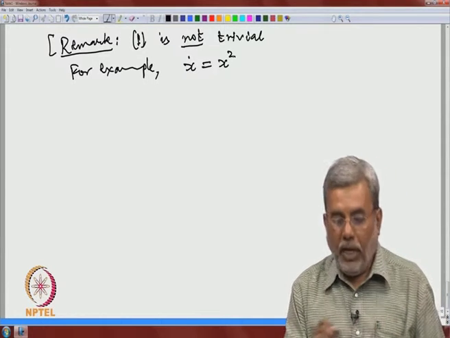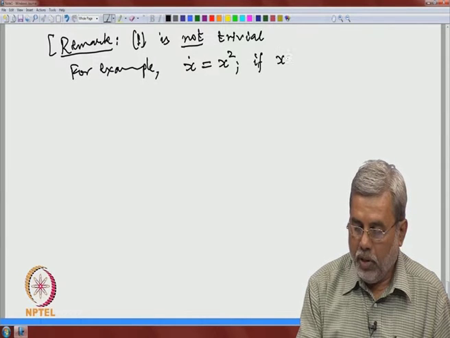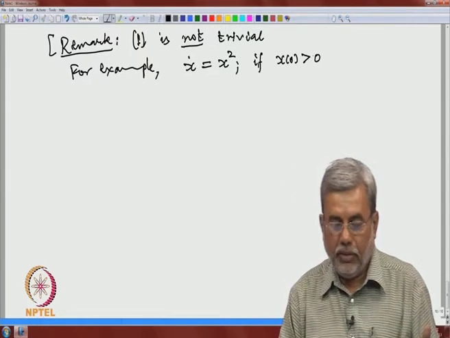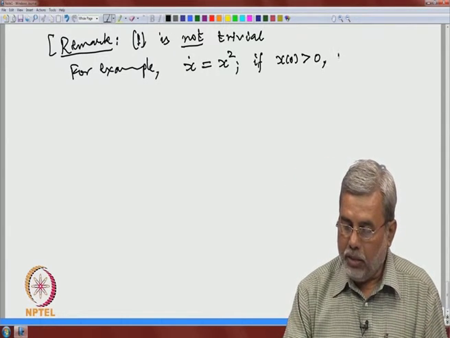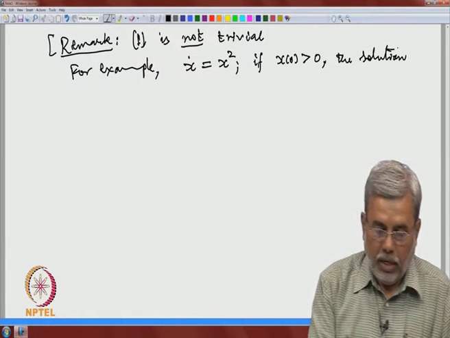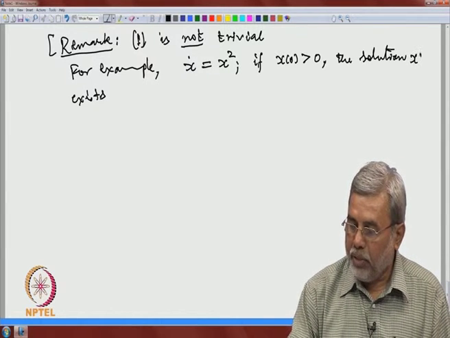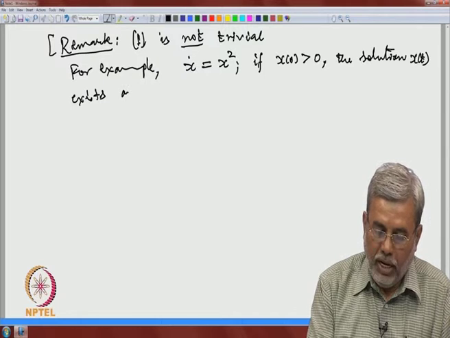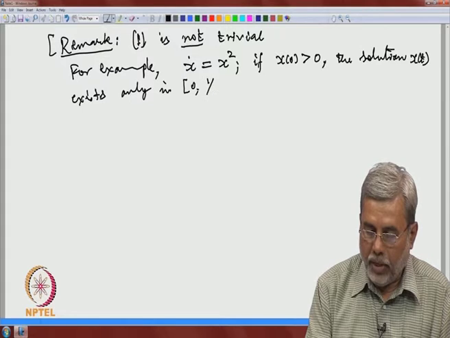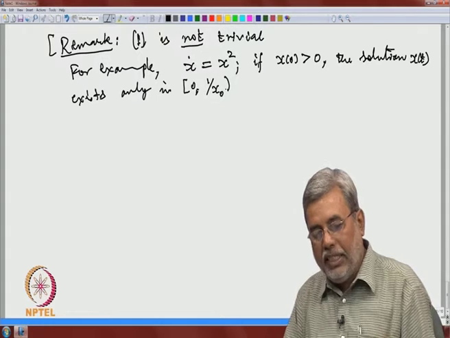No matter what x 0 is, if x 0 is positive, however small it is, that does not matter, the solution x(t) exists only in (0, 1/x 0). We have already seen that.